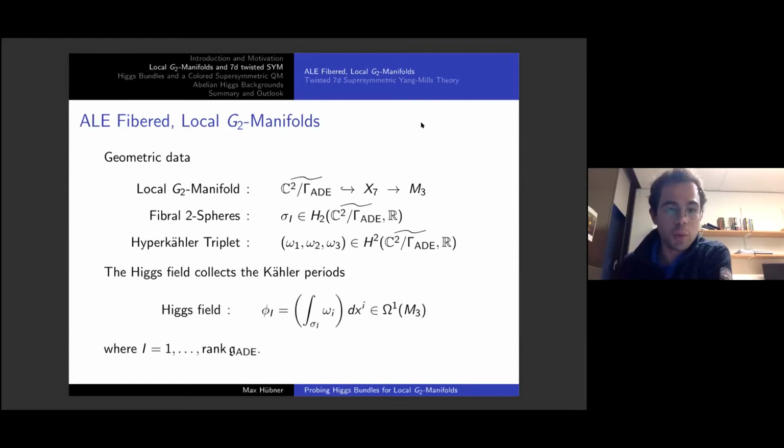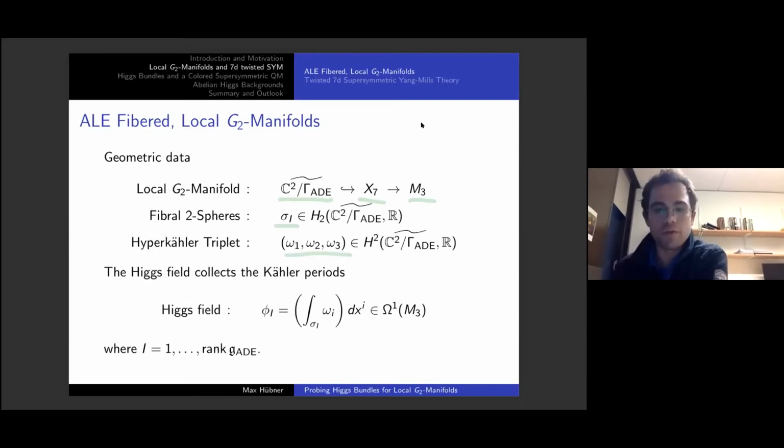So the class of geometries we'll be interested in are these ALE fibered G2 manifolds. These are 7-dimensional spaces fibered by ALE spaces over a compact base M3, which is in total space a supersymmetric cycle. Each of these fibers contains a bunch of 2-spheres, sigma_i, and each of these fibers is hyperkähler, with a hyperkähler triplet denoted by omega 1, 2, and 3.